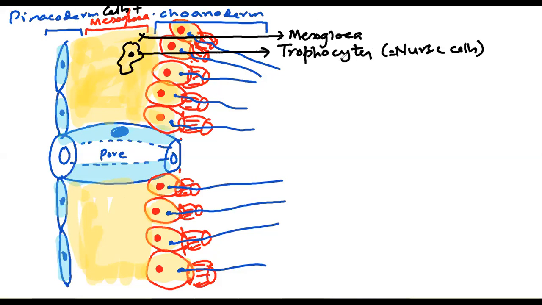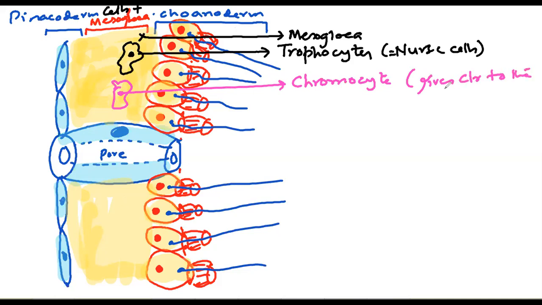So what they will do? They feed the entire sponge. Okay. Now, so we will make another cell. Suppose we'll make a colored amoebocyte. So this is chromocyte. Chromocyte gives color to the sponges. You will find sponges in all colors.